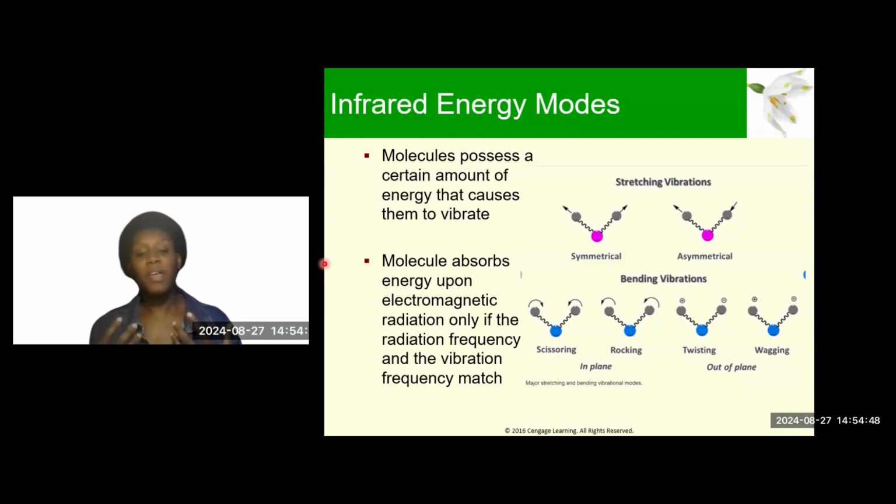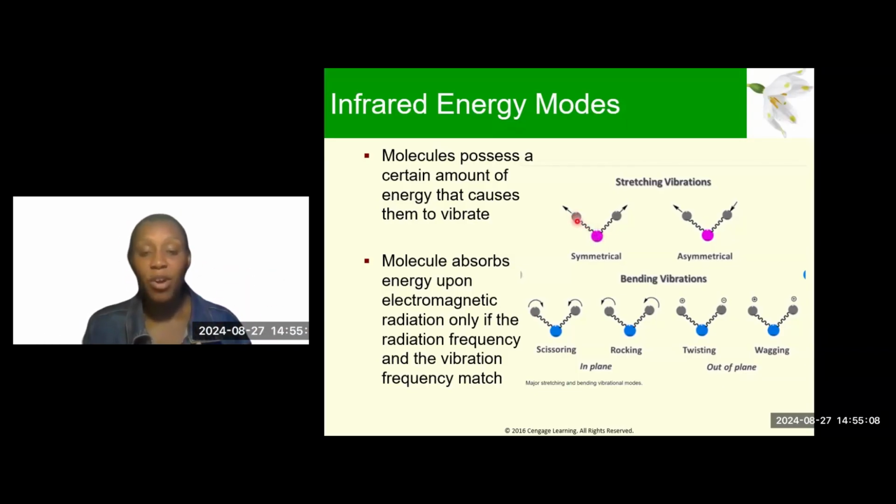Now, when they absorb, they could do a couple of things. So let's imagine that you have these bonds. And so let's say that this right here is a nitrogen or anything, right? A carbon.